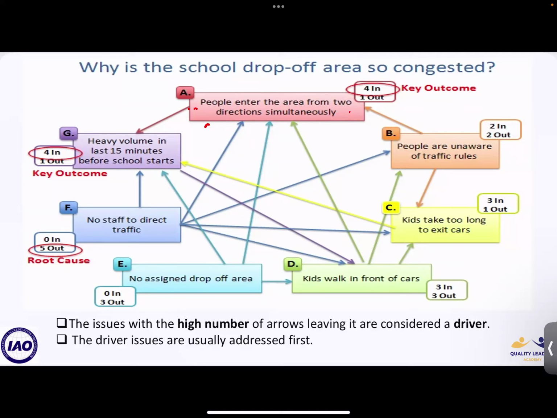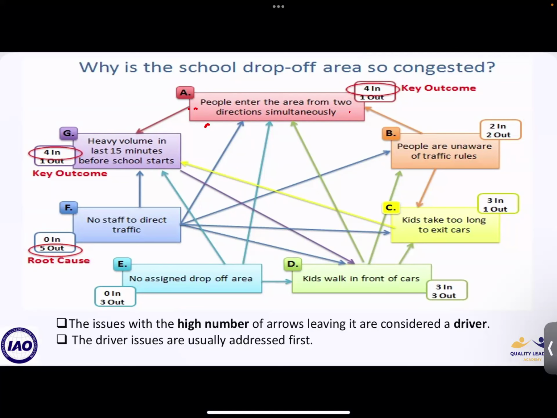So we have out, meaning how many problems this issue has caused. Again, out. This means how many problems this issue has caused. What about the in? This means how many other problems have led to this issue. So we have an example here.